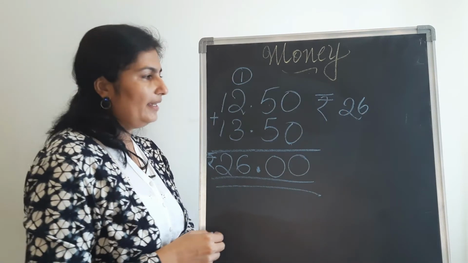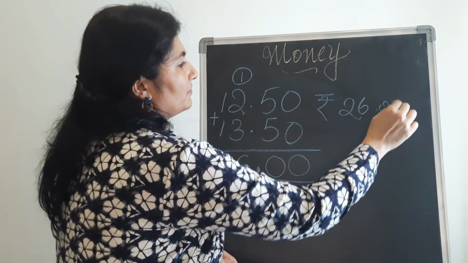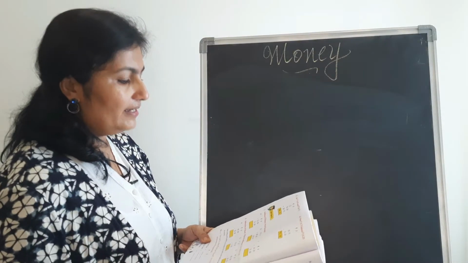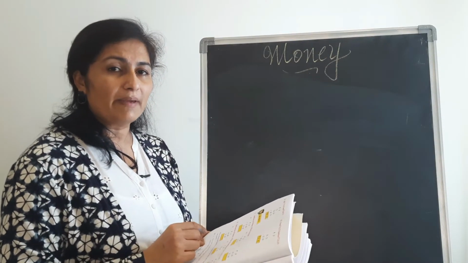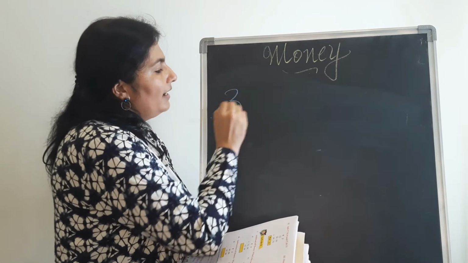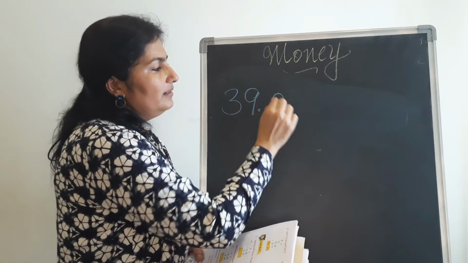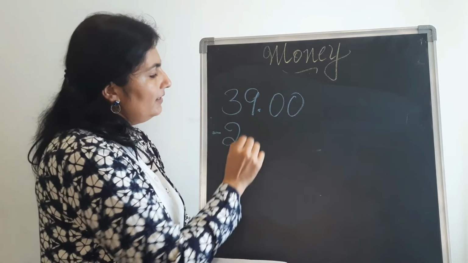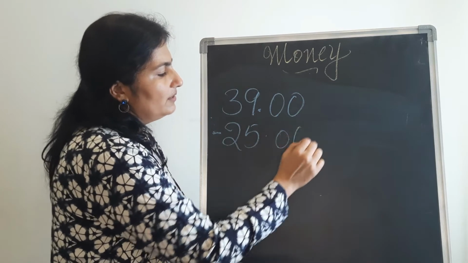26. All right. Next one. Subtraction of the money. Let's try one so that the others are left for you to try. What does it say? The exercise 2 on page number 82. 39 decimal 0, we're going to minus 25.